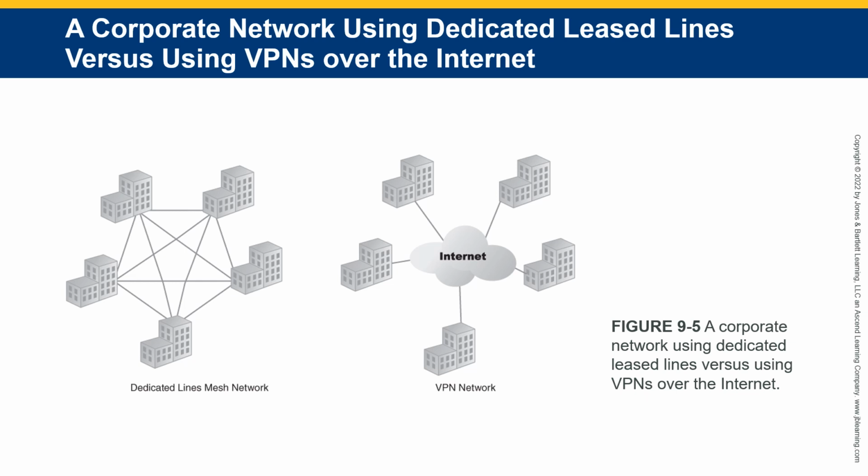Now, considering a VPN network through the internet, all of these can still virtually create that pentagram-shaped connection, but it looks more like a virtual private network where they can connect to each other using what looks like a centralized internet service. Technically, they're establishing VPN connections to each other, but they all have a common connection to the internet, and they don't have to have additional leased lines over a dedicated mesh network.